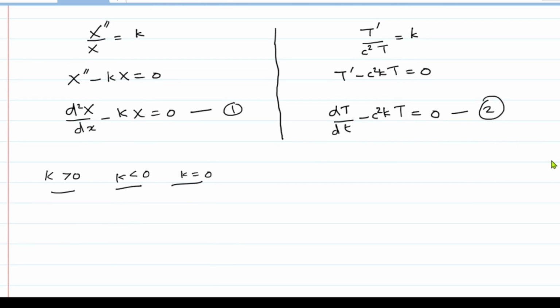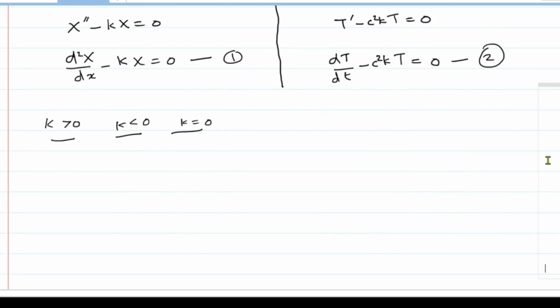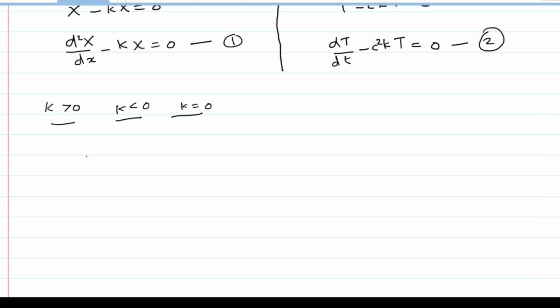Suppose that first of all we are taking k positive, then k equal to p square. The equation becomes d²X/dx² minus p square X is equal to 0.